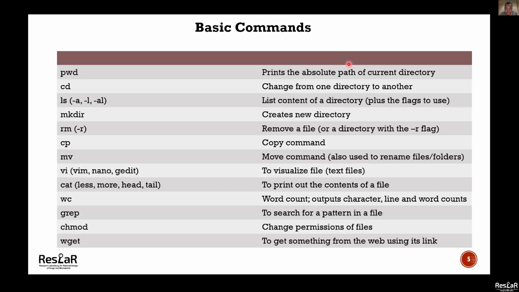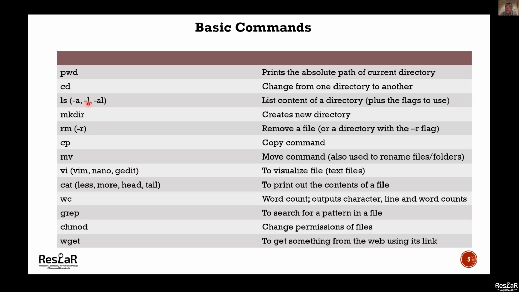So let's turn to the basic commands available in Linux. The pwd (print working directory) shows you the path of where you are currently. The cd (change directory), ls lists the content. You can add -l, you can add -e, you can add whatever you want to add.